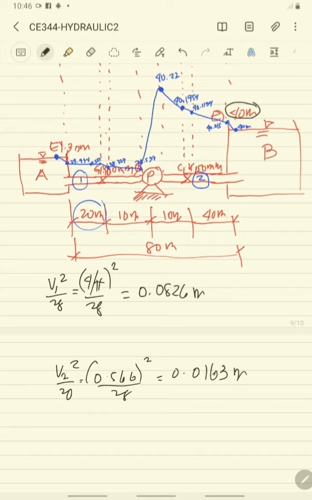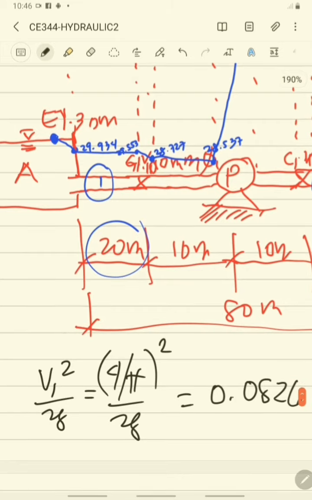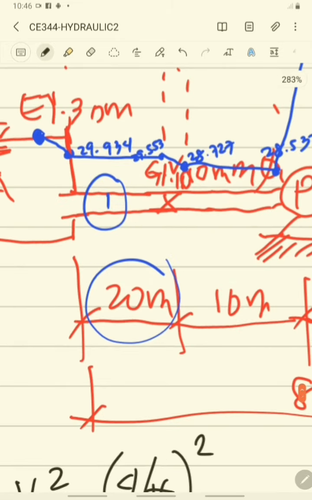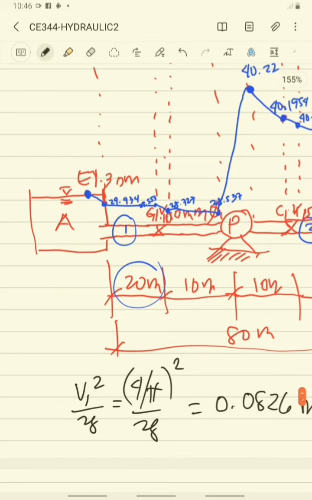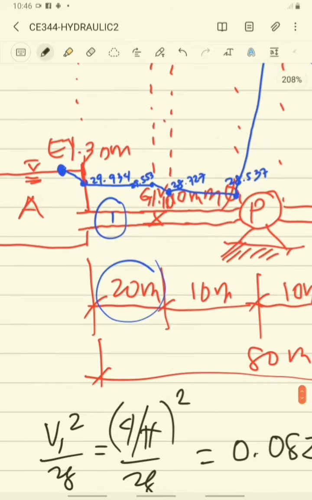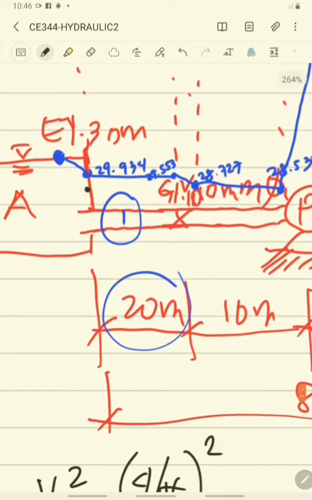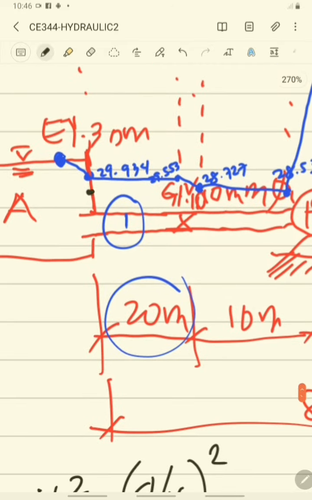So here, you just get the difference. 29.934 minus 0.0826, so you have 29.851. I hope you can see it.